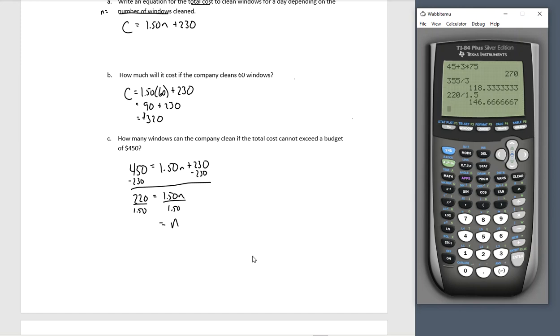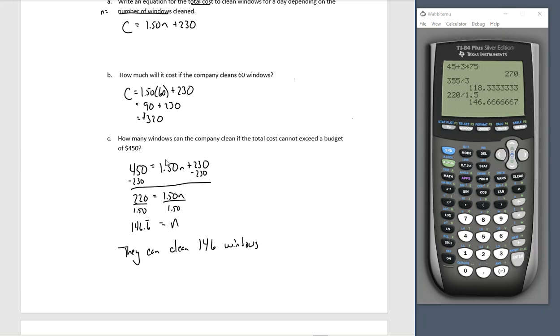Oh, what do we have? 146.6. But they can't exceed $450, so they can clean 146 whole windows. Nobody wants 2/3 of their window cleaned, unless they're super short and they can't see out the top anyway. No, nobody wants 2/3 of their windows cleaned.